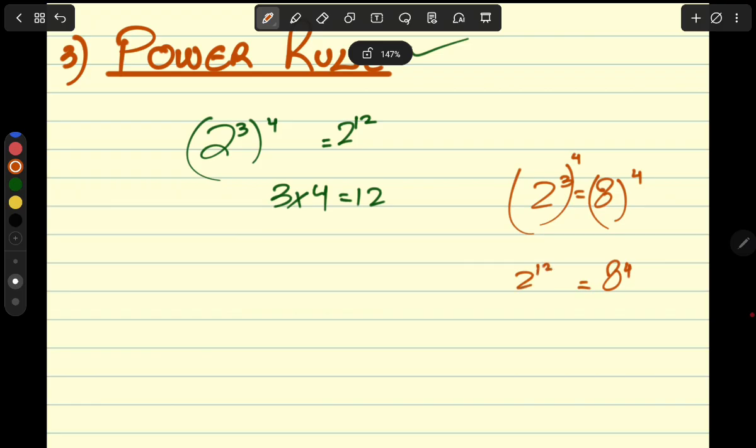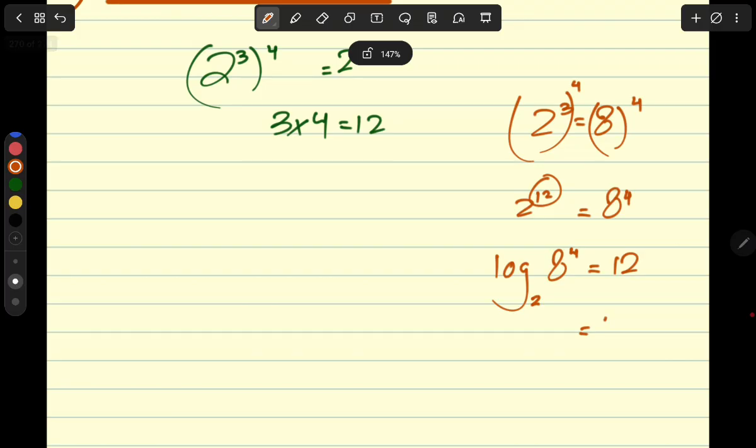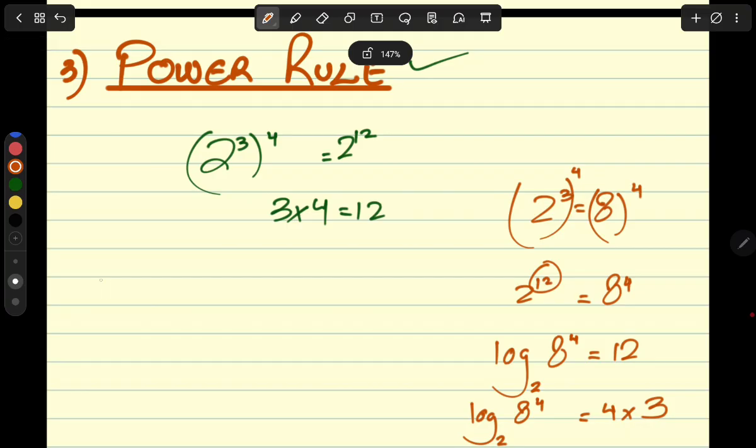But what is log 8? If I do log of 8 to the power 4 to the base of 2, then this is nothing but this exponent, which is 12, right? And what is 12? 12 is 4 times 3, right? So log 8 power 4 to the base of 2 is 4 times 3. Now what was this 3 actually? 2 to the power 3 was 8, right?